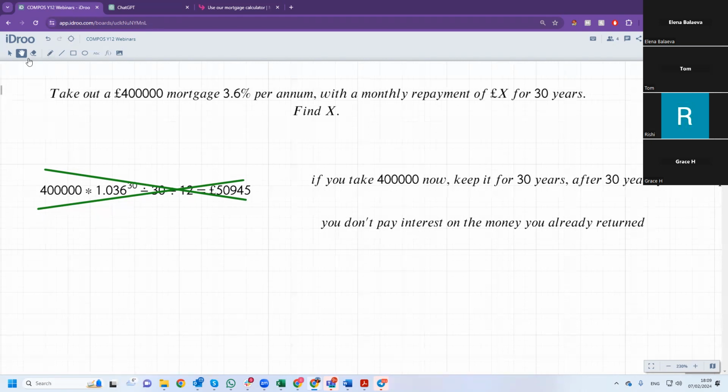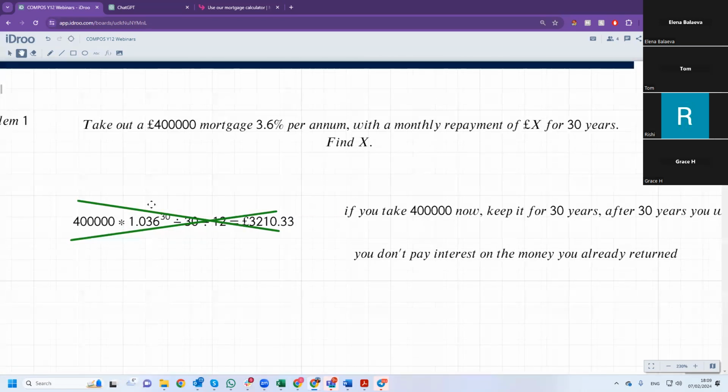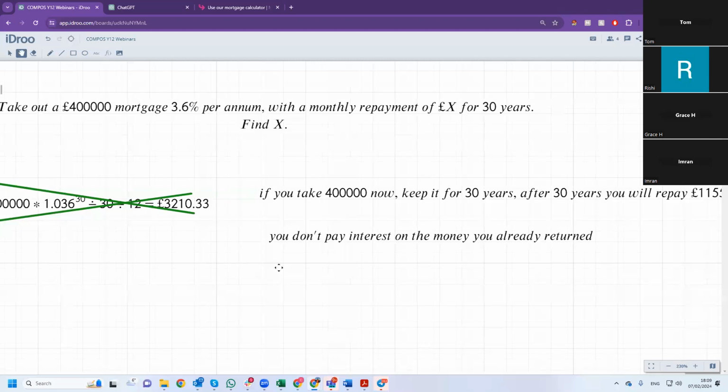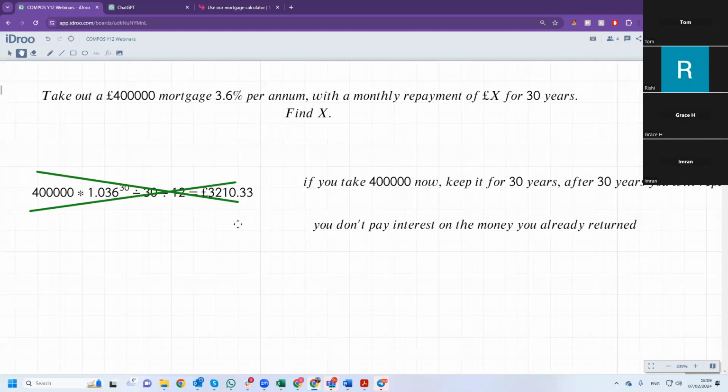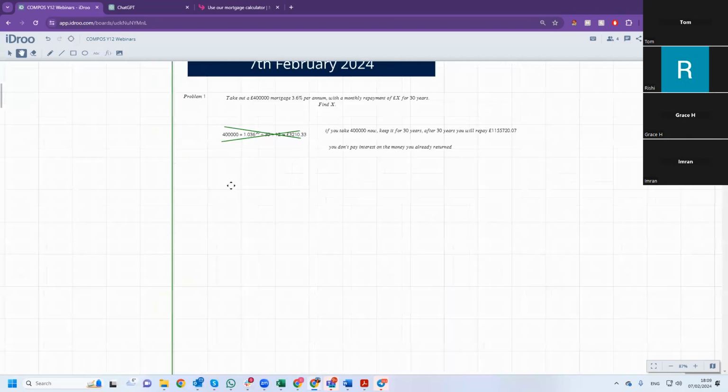Okay, 3,210. Okay, that makes more sense. Sorry, 33. It's still not the correct value, because this implies that you do pay interest on the money that you have returned, but you don't. So the actual amount that you repay is going to be approximately 1,800. So let's see how they arrive to that number.